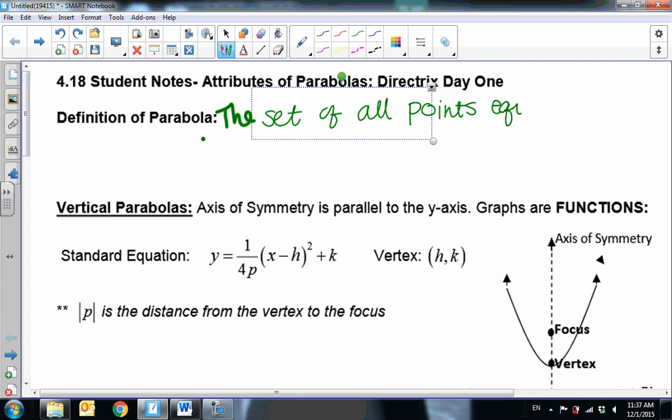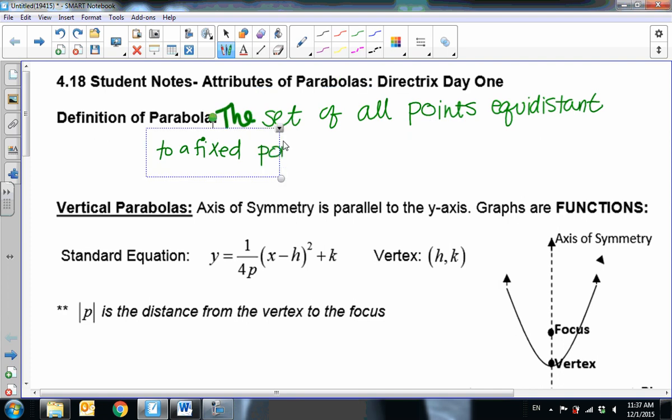What does that word mean? Same distance. Equidistant to a fixed point and a fixed line.